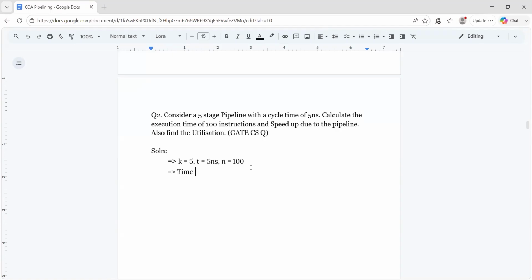So the total time for pipeline has the formula k plus n minus 1 into t.